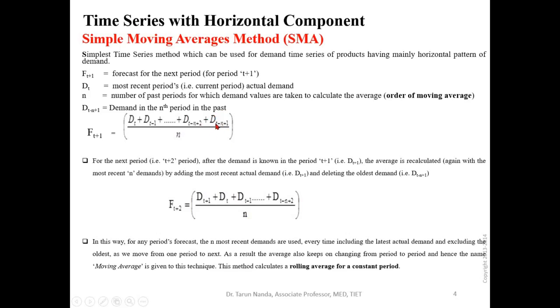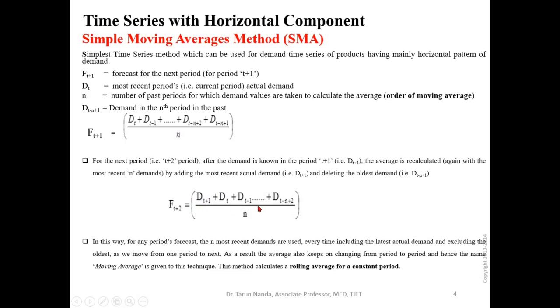So the last value now would not be this. When you are calculating F t plus 2, the last value would now be D t minus n plus 2. So this is the last, nth past sales value that you will take while you are calculating this, because this had to be deleted because this had to be added.